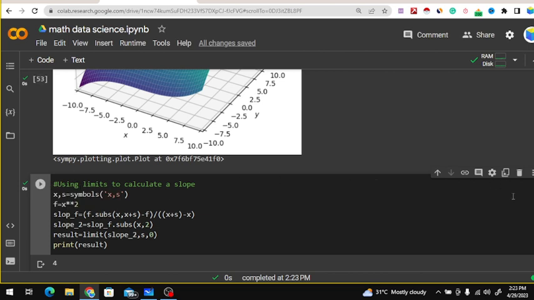So we have gotten an output of 4. Now if you do not assign a specific value to x and leave it alone, what happens as we decrease our step size s infinitely towards 0.